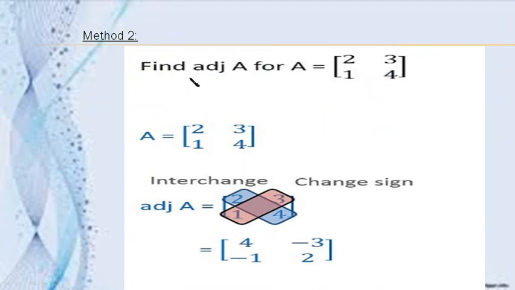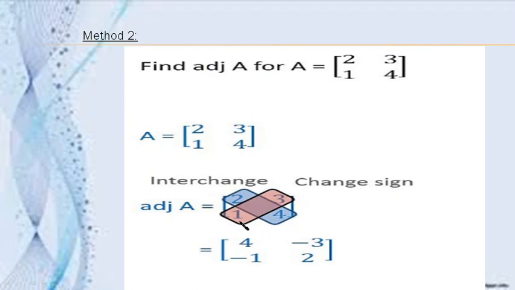Now we can calculate the adjoint for the same matrix with one more method, method 2, which is a shortcut and a very easy, simple method. We can find out the adjoint mentally in one step. We just have to replace the main principal diagonal elements 2 and 4, and we have to change the sign of the other two elements, 3 and 1.